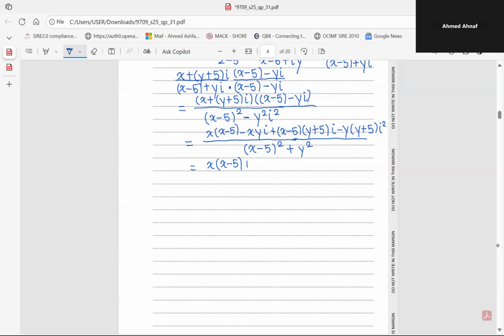So we would write plus y times y plus 5. And then for the imaginary part, let's take out i, so we'll have i times y plus 5, x minus 5 minus xy, over x minus 5 squared plus y squared.